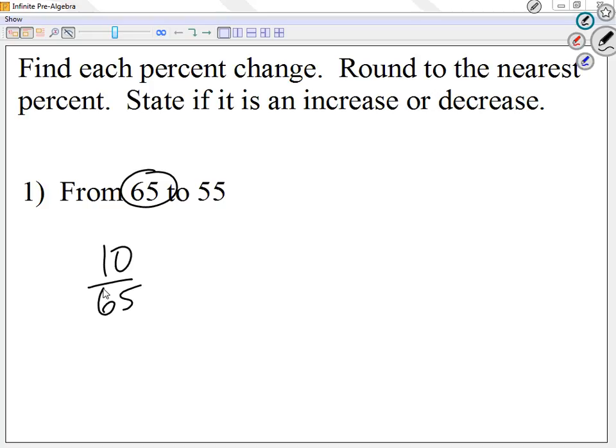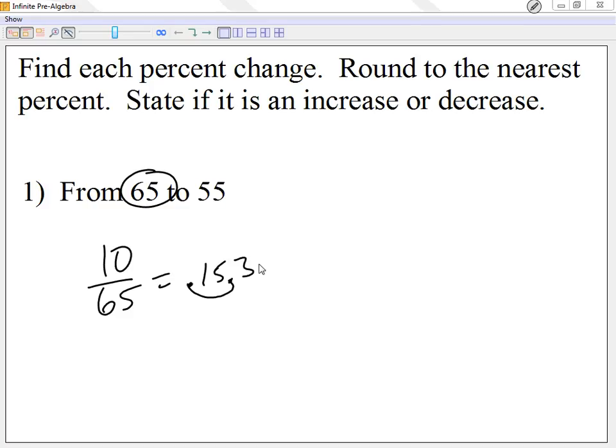On my calculator, I'm going to go 10 divided by 65. Let me just write down my first three decimal places. It's 0.153. Like I said, I only wrote my first three numbers. I have to move my decimal two places to the right, so we'll read 15.3, because my 3 is not big enough.